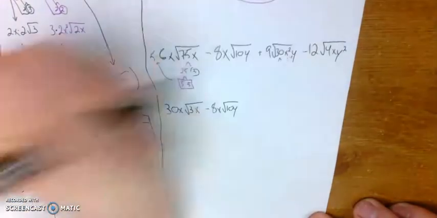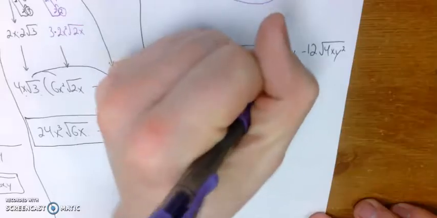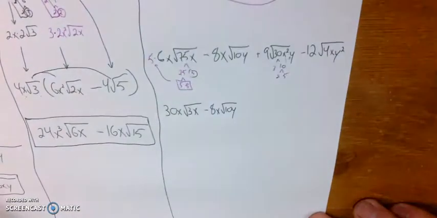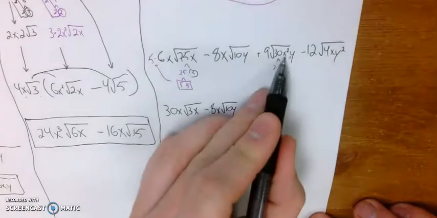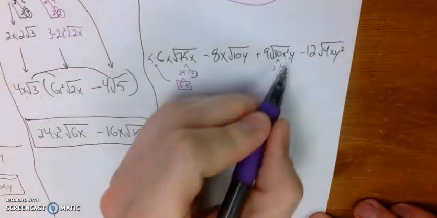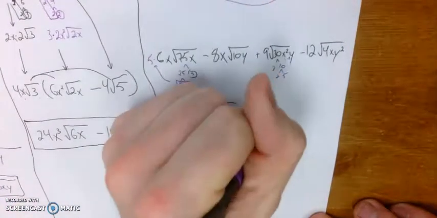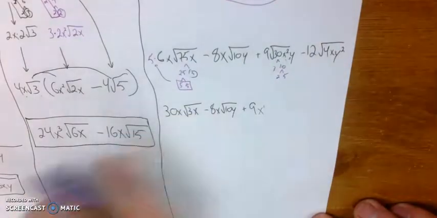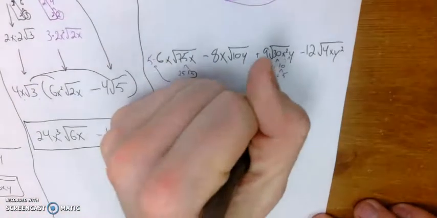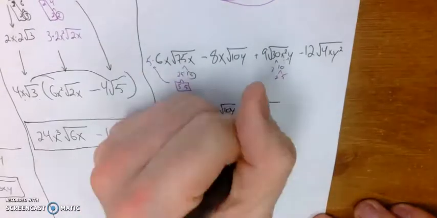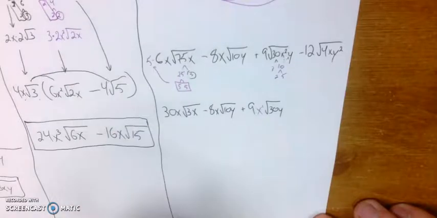Let's see if we can break down 30. 3 and 10, 10 breaks down to 2 and 5. Yeah, there's no pairs there, so I can't really do anything other than this x squared. So this would be 9. If I have 2 x's, that's enough to make one single pair, so I'll have 1x, or an x to the first power on the outside. And then the radical, we still have a 3, a 2, and a 5, which all multiplies to 30. Y.